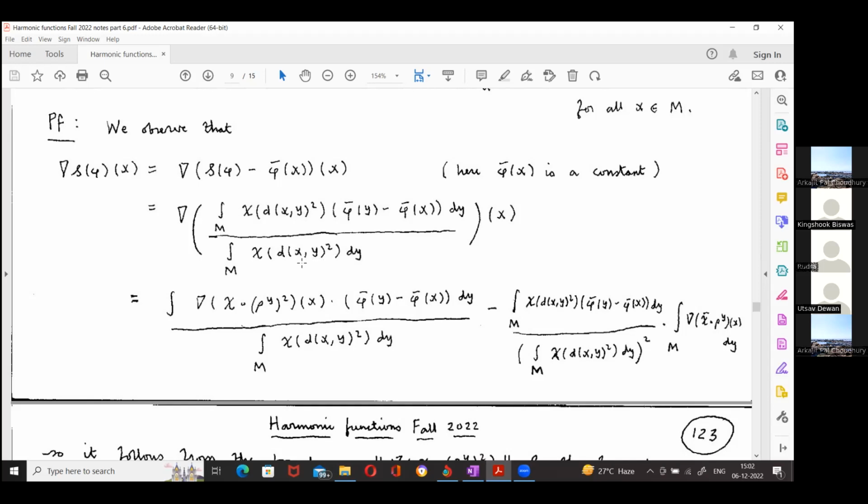By the quotient rule, the gradient is going to be the gradient of the numerator divided by the denominator, minus the numerator times the gradient of the denominator divided by the denominator squared.